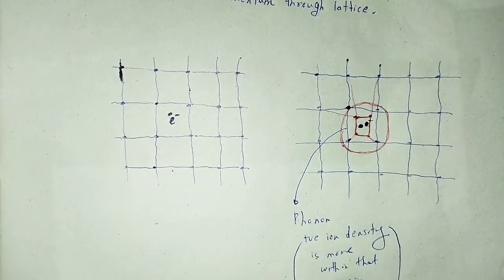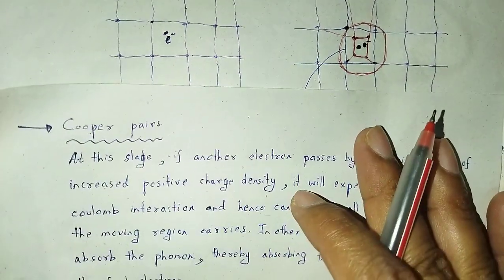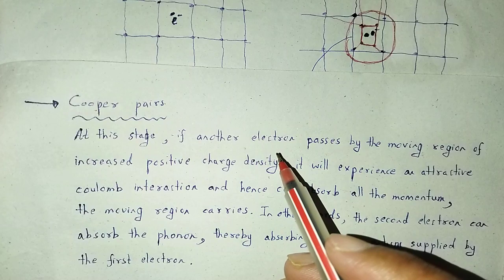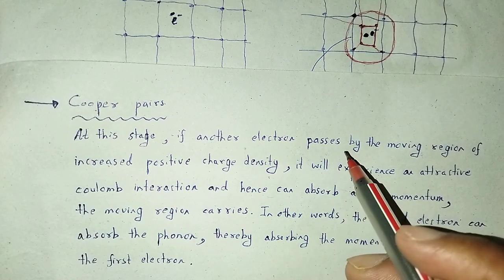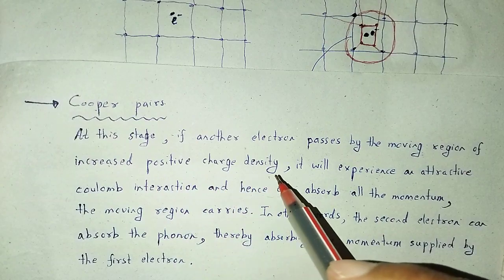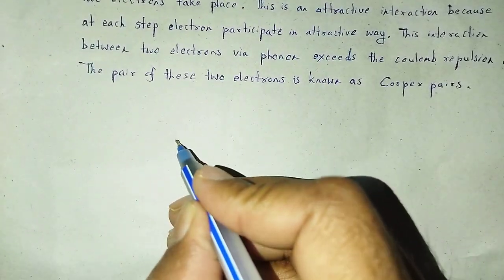Again, at this stage, if another electron passes by the moving region of increased positive charge density, what happens? Let me explain it.